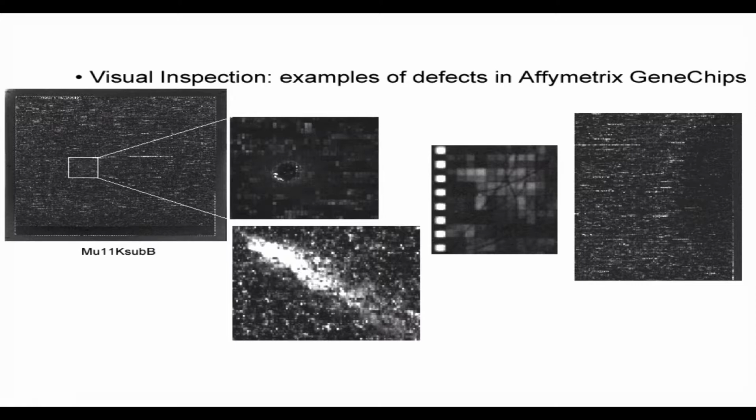So if the upper right quadrant of your chip has lower signal intensities, it won't bias very much the overall gene expression measurements that you make. And if you normalize that chip in a reasonable normalization process, then when you compare it with another normalized chip, you may still get valid data.